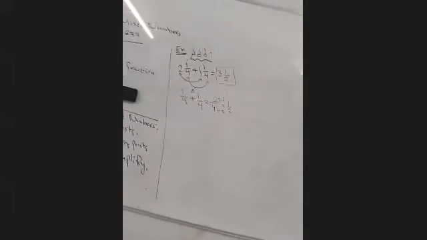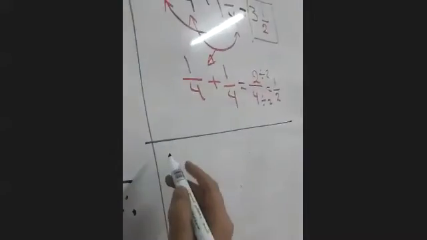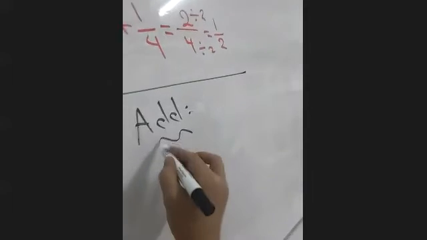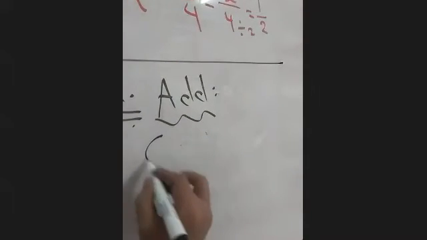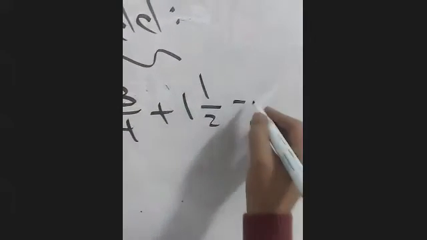Please focus. Look here, guys. Example. Add 6 and 3 over 4 plus 1 and 1 over 2. 1 and a half.